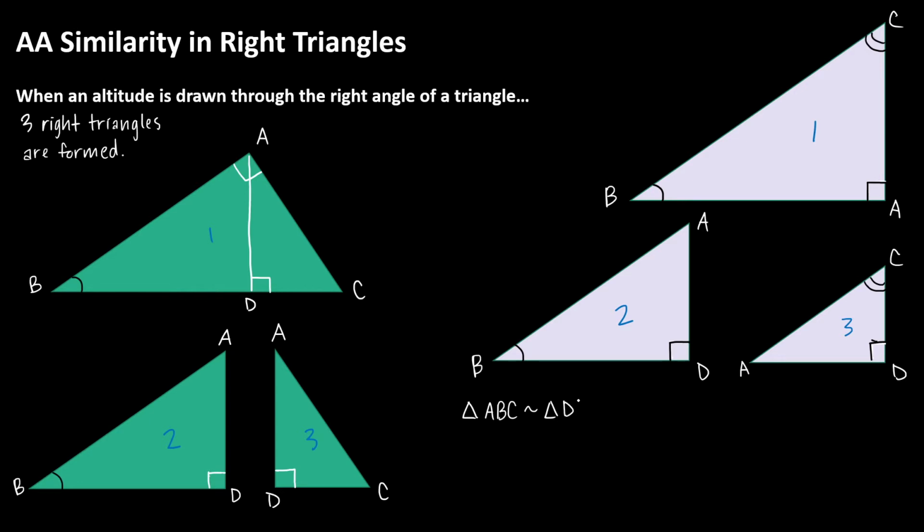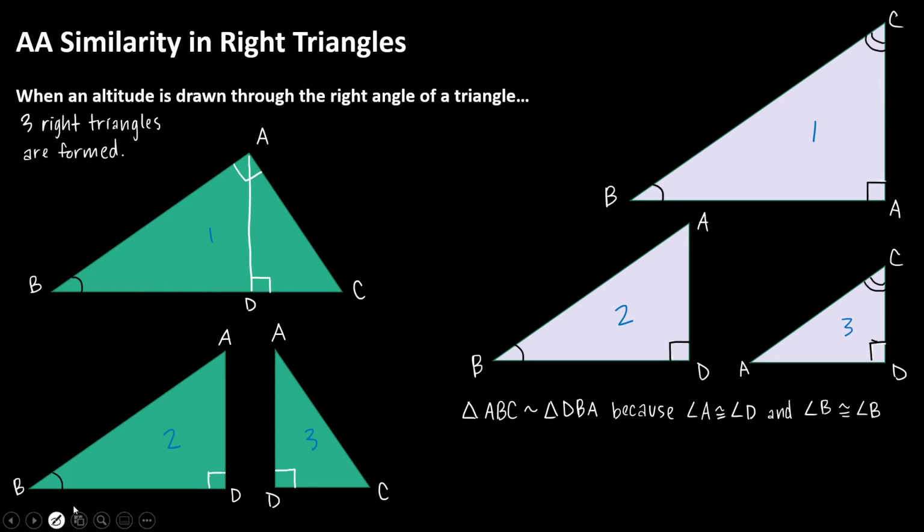So this would be DBA, from the right angle to the left and up to the top angle. So these triangles are similar because all right angles are congruent. So angle A is congruent to angle D. And they share angle B. So by the reflexive property, angle B is congruent to angle B.